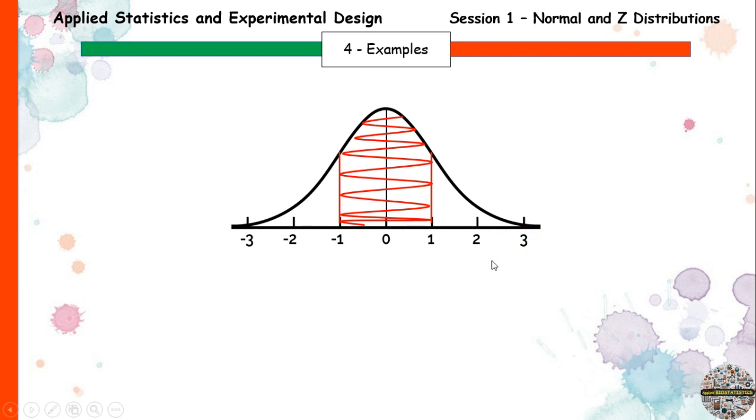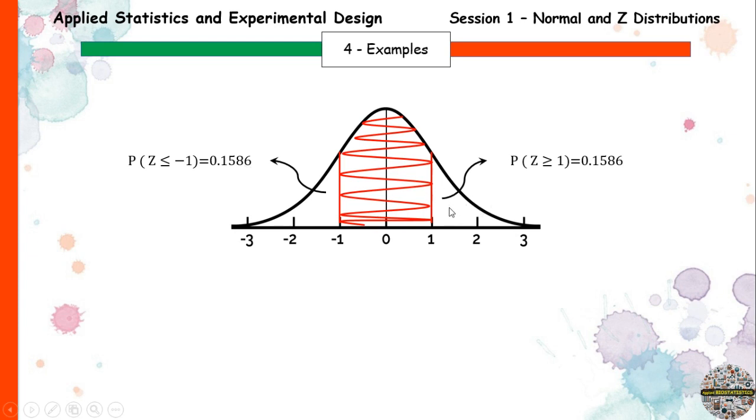And for example, in this distribution, if we want to measure the probability of values between minus 1 and 1, the probability of this area is 0.1586.